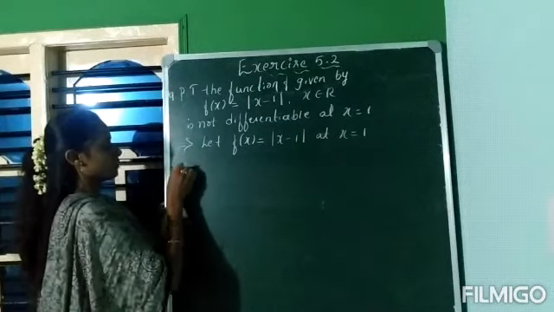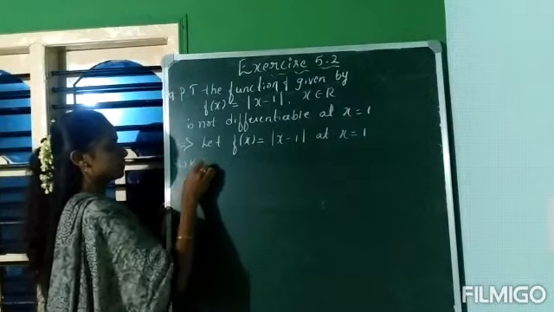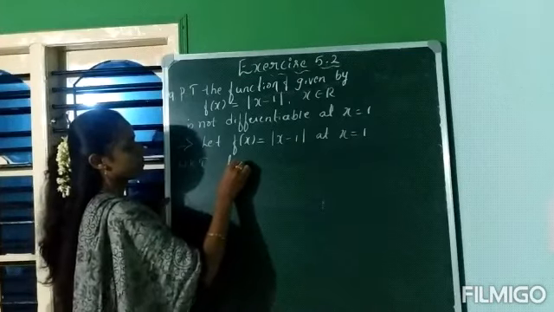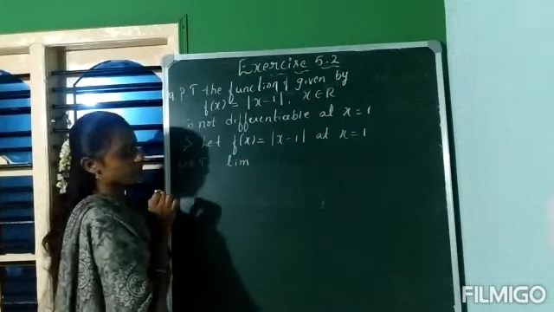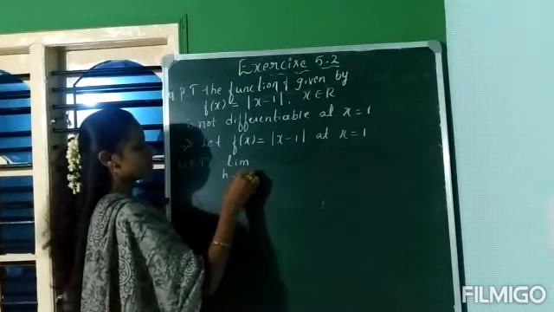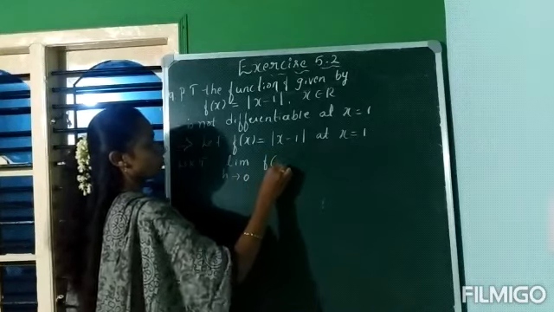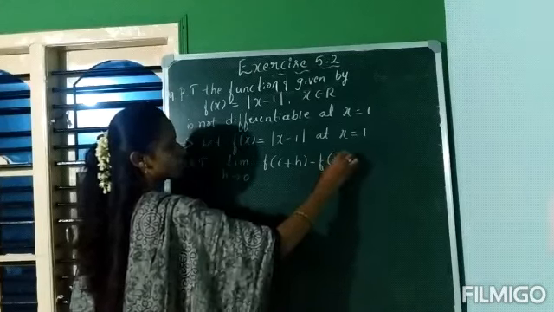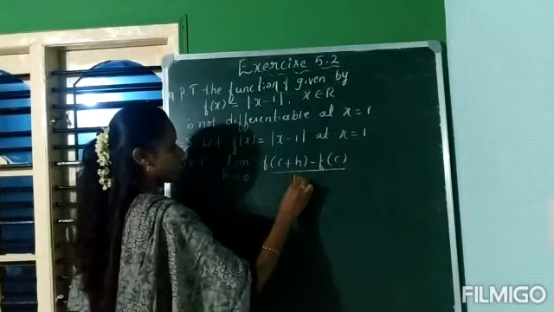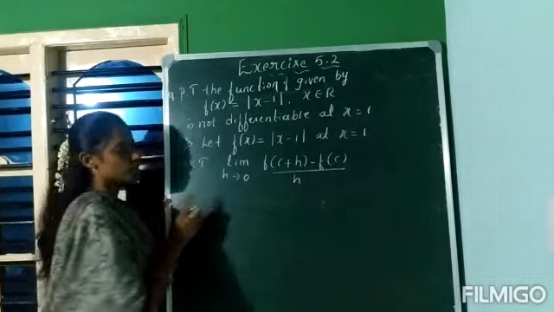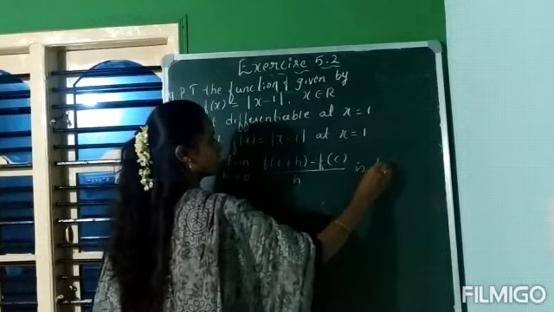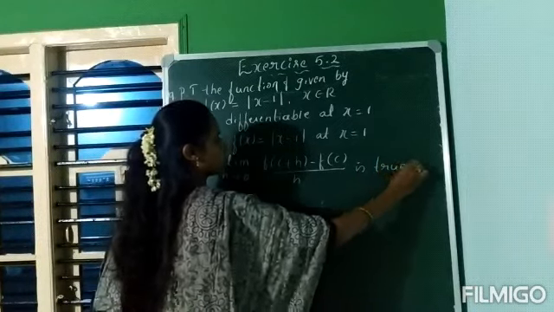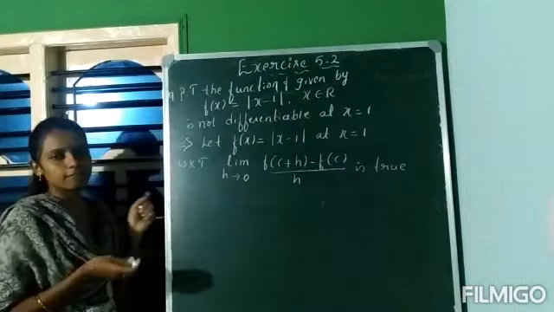So now we know the limit definition: the limit as h tends to 0 of f of c plus h minus f of c, divided by h. This is true for all real values of x.